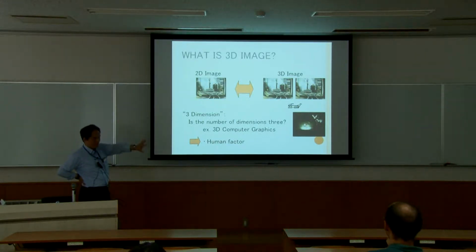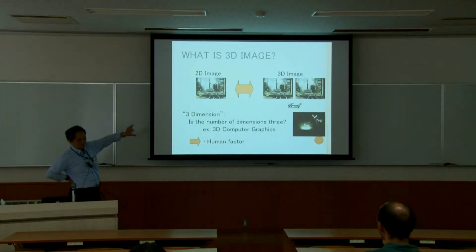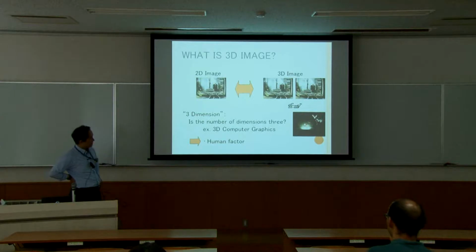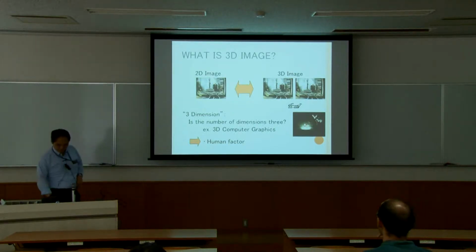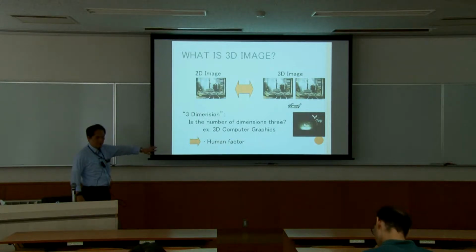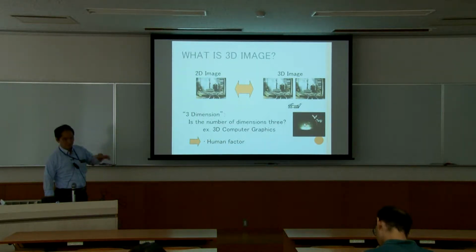Left eye and right eye, we call it 3D image, but it is not three-dimensional. So that raises a question: what is a 3D image? Is the dimension 3? So we have to consider, in this case, the human factor: how humans feel 3D feelings.